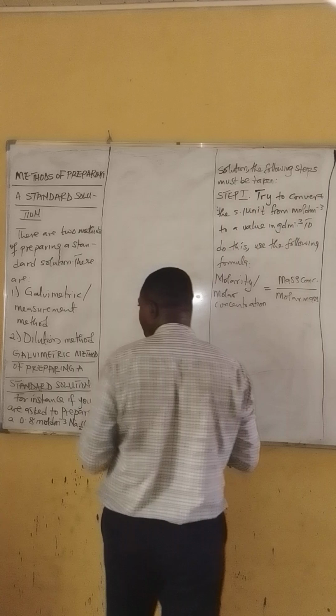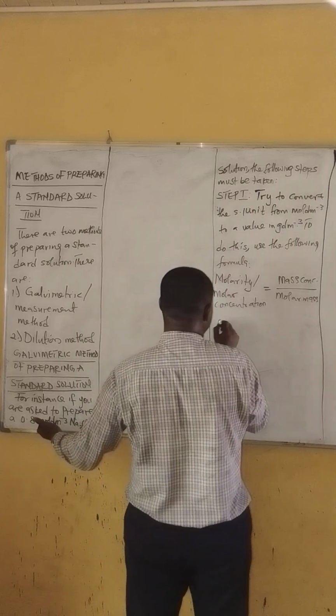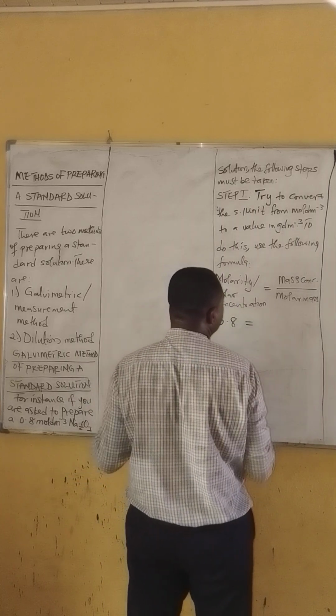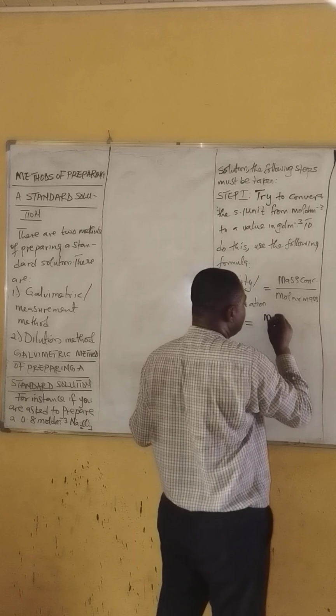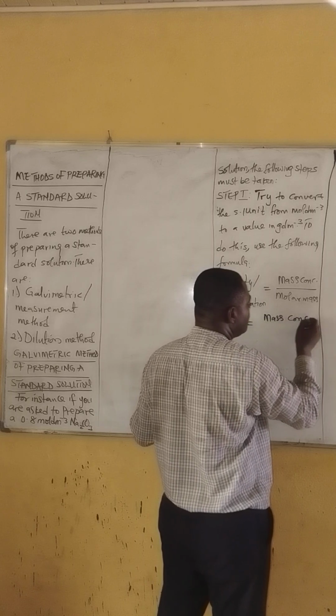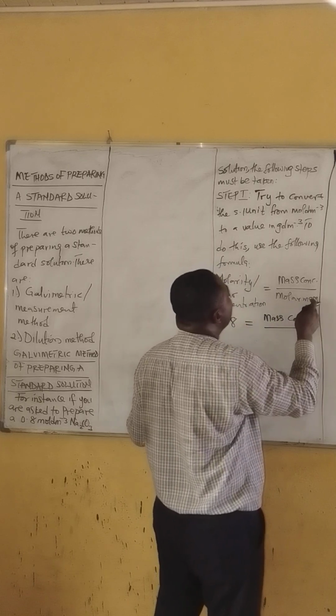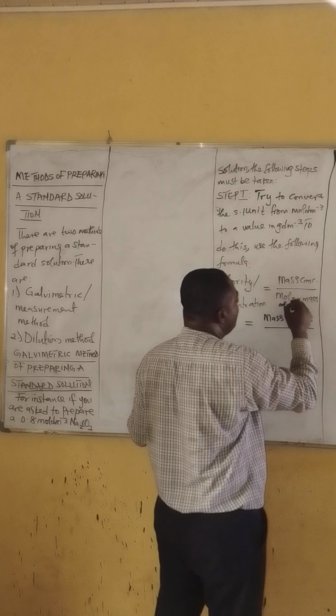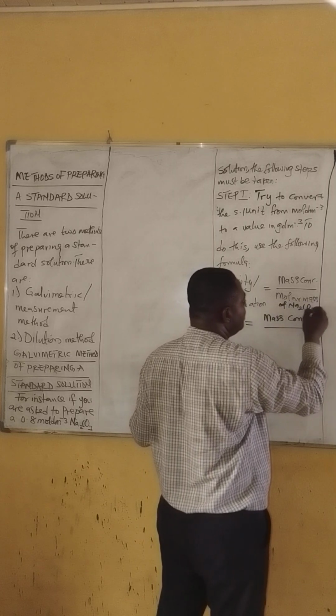Now, the molarity I've been given here is 0.8 mole per dm³. Then you are looking for the mass concentration over the molar mass of Na2CO3.